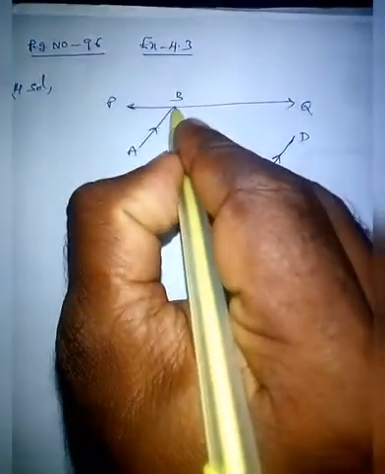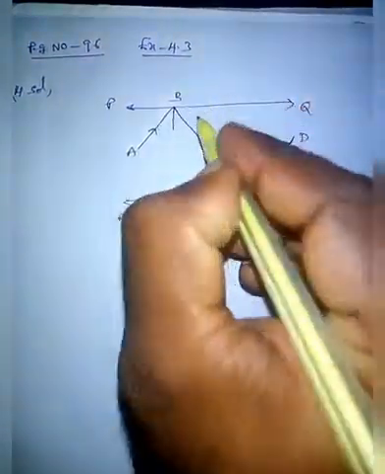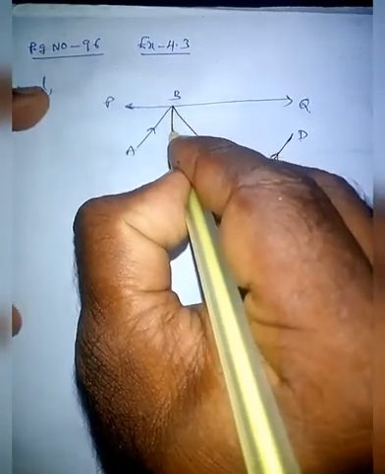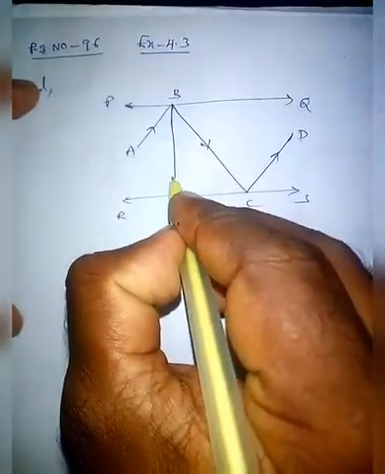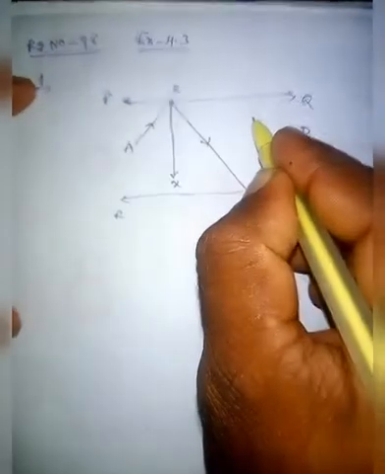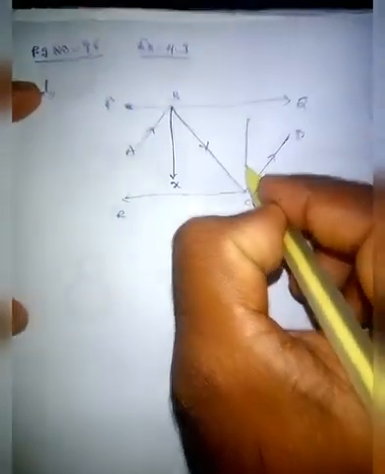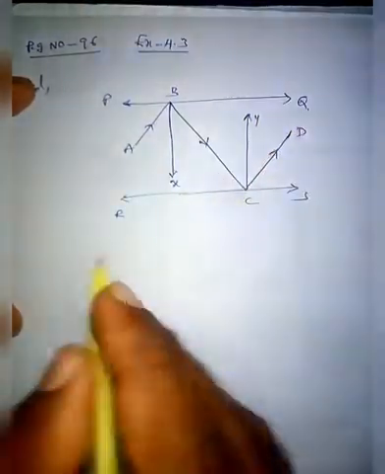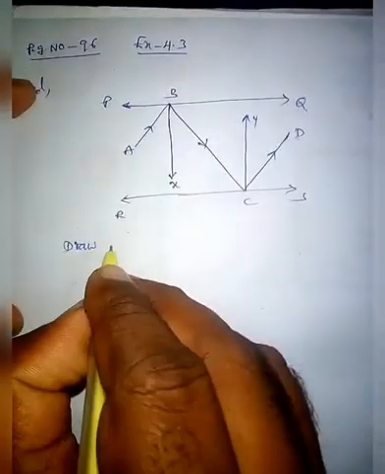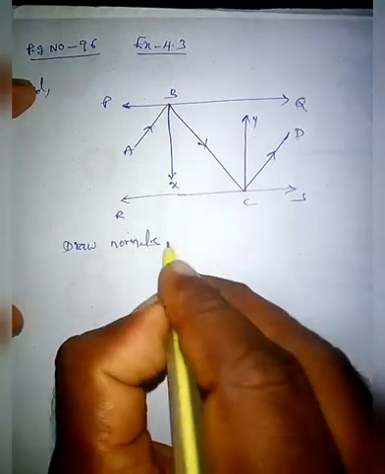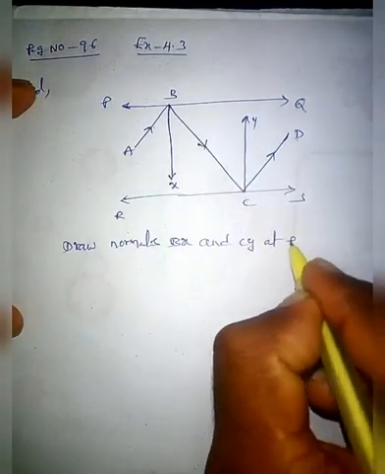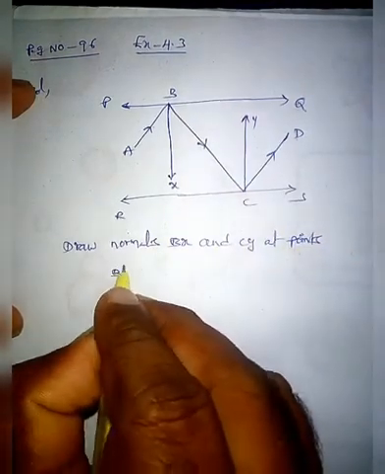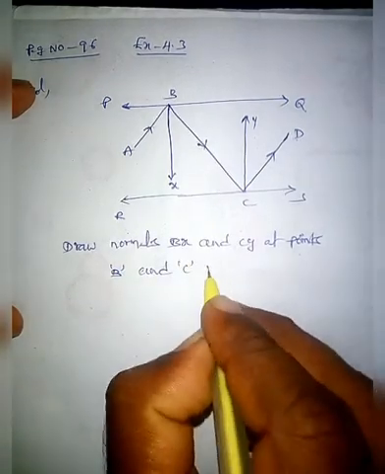For proving this, we need some extra information, that is, draw a normal BX. Normal means it makes 90 degrees with the mirror PQ at point B. So draw a normal BX and draw a normal CY, normals BX and CY at points B and C respectively.